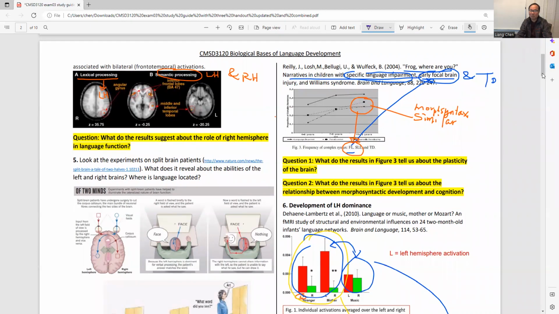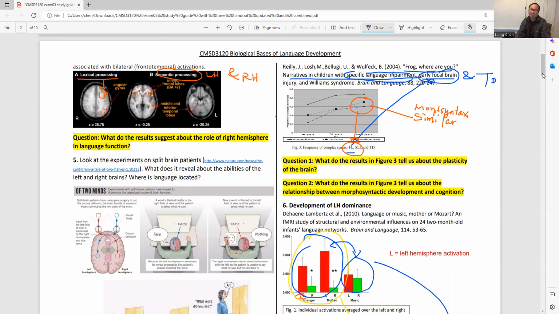What we see here is that the children with a focal lesion, with brain damage, and children with a language impairment, their morphosyntactic skills are similar, no difference.